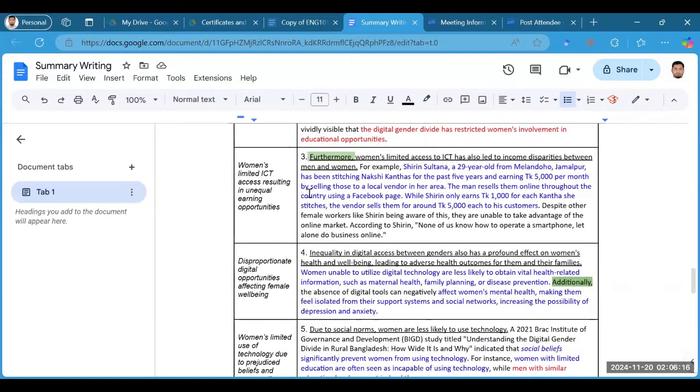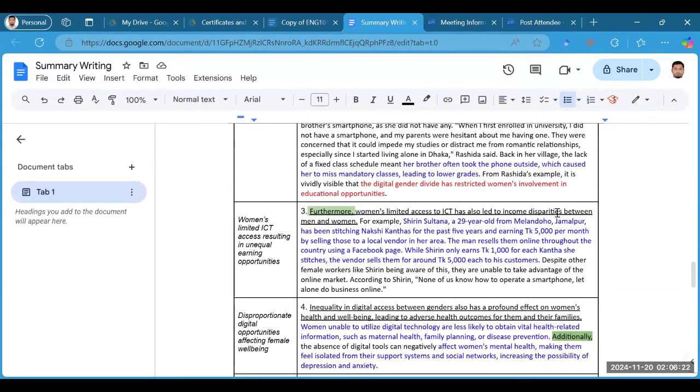Then the next paragraph's main idea, which is women's limited access to ICT has also led to economic disparities between men and women. So again, it is an economic, earning-related gap or kind of disparity between men and women because of ICT-related access.